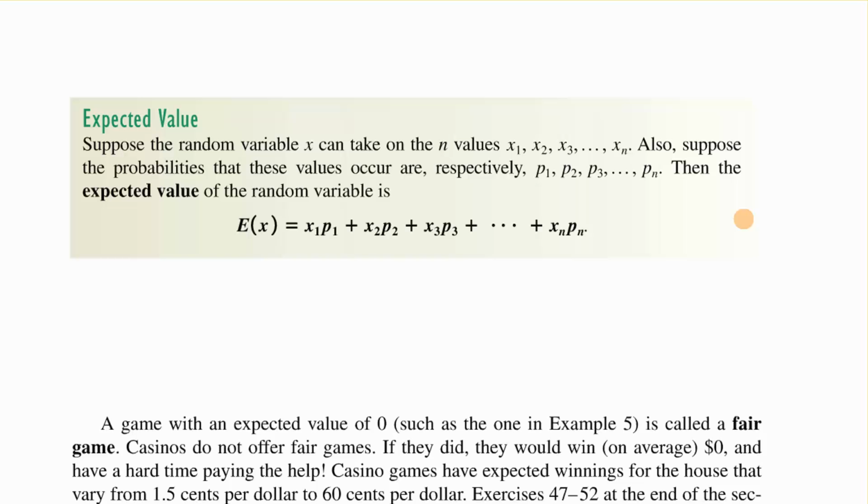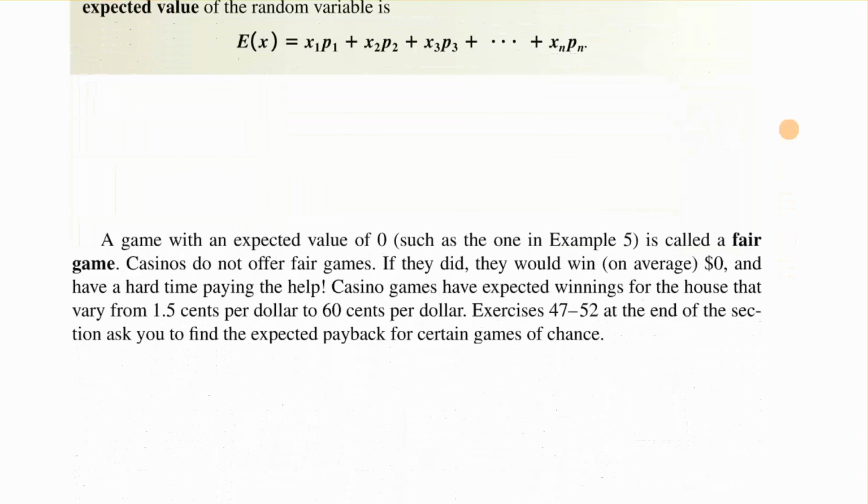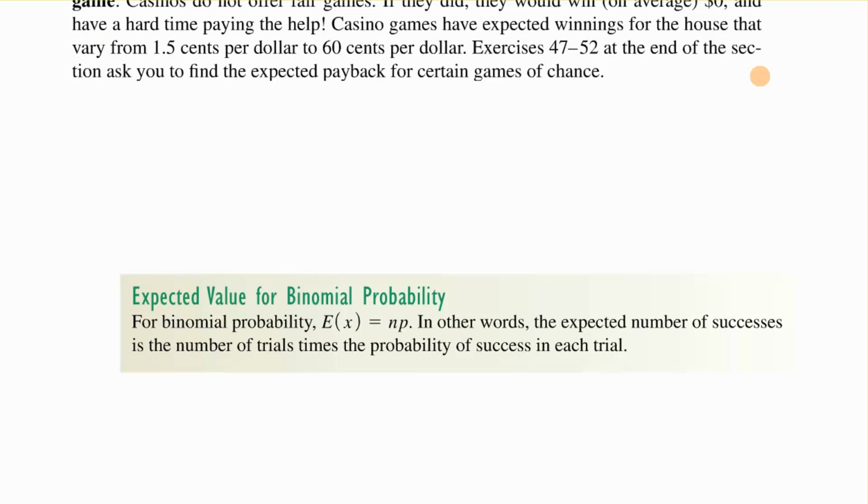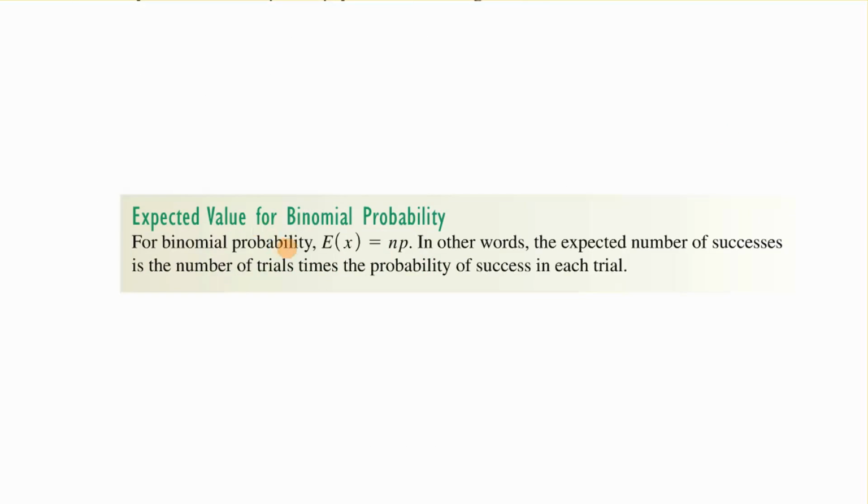That gives you the expected value. For binomial probability, the expected value is n times p. The expected number of successes is the number of trials times the probability of success in each trial. All right, so I think that gives us some language to think about. Let's look at the problems.